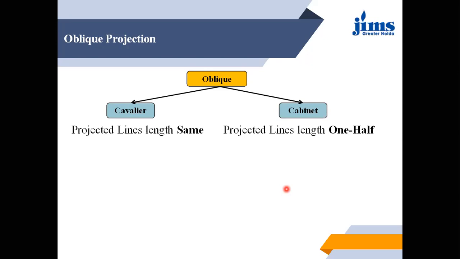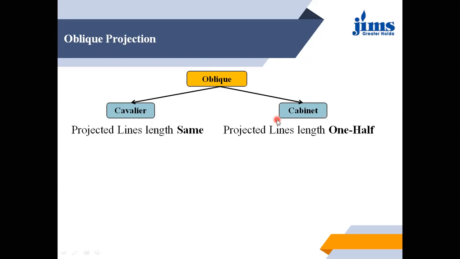It means when we have to find the image of an object in Cavalier, in that case we take the original length of the object, because we want to see the original image of the object.